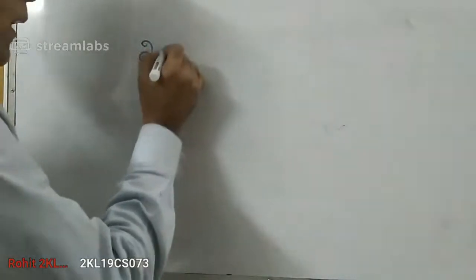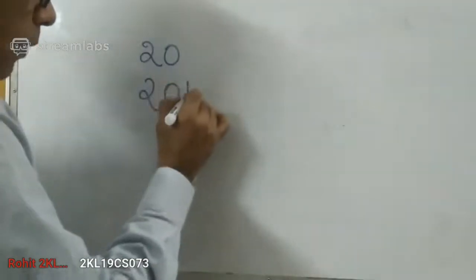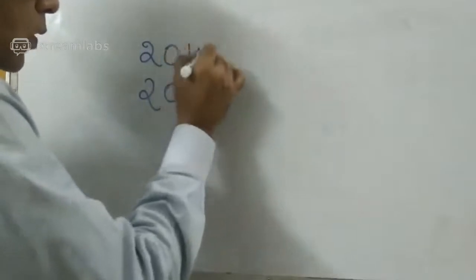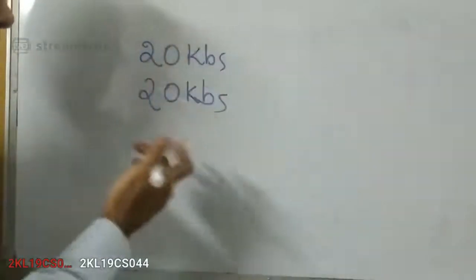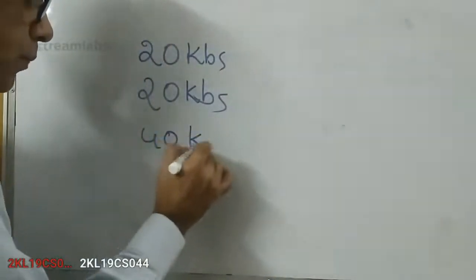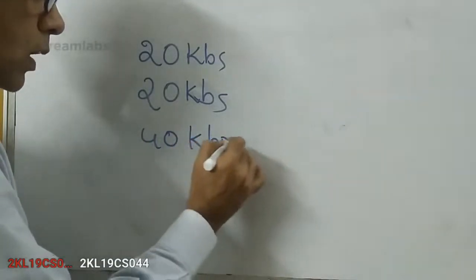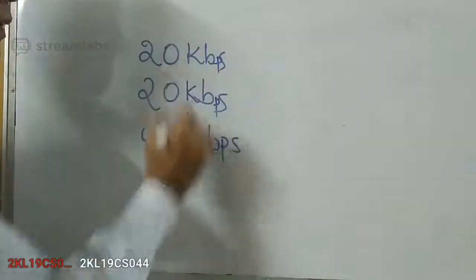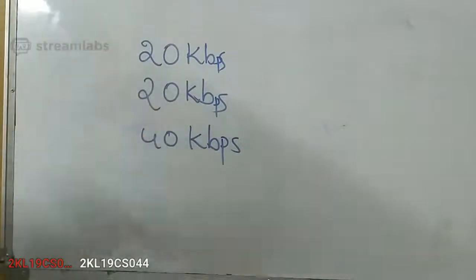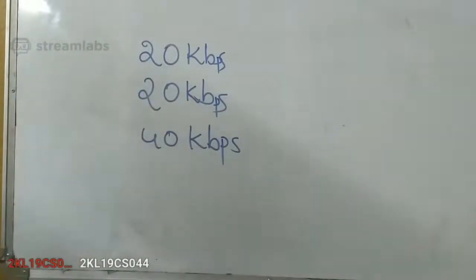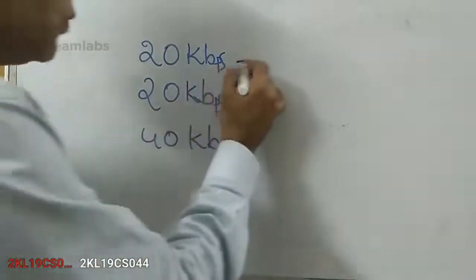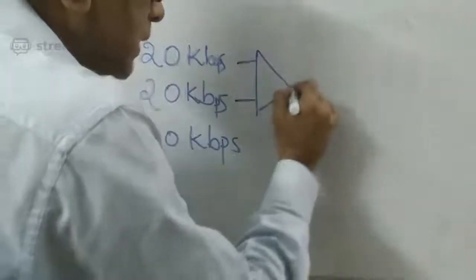So you know that in multi-level, when I have multiple links whose rate is smaller compared to the one which is already there, in this situation we talk of using a multiplexer to multiplex them.